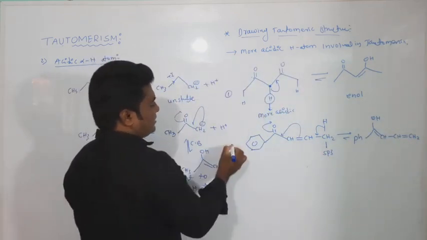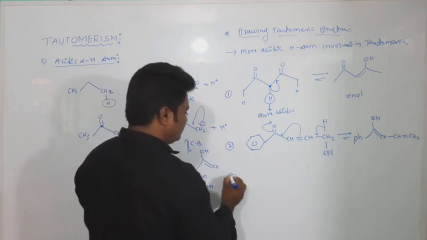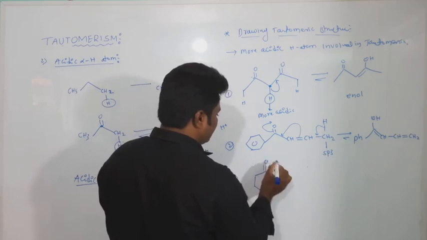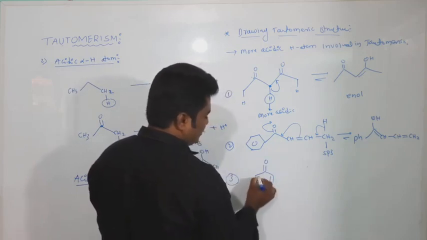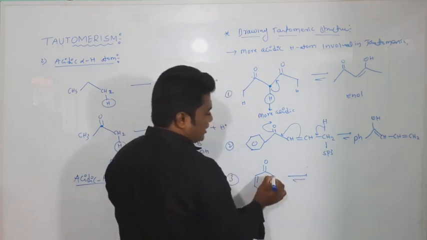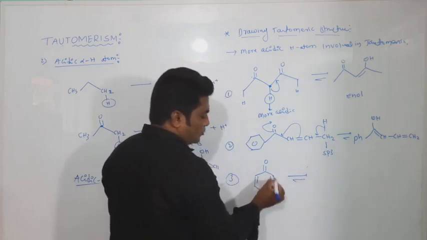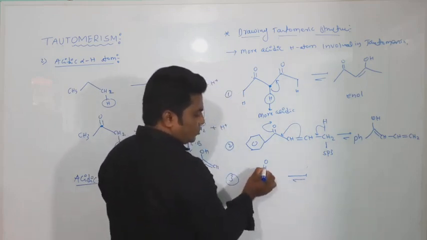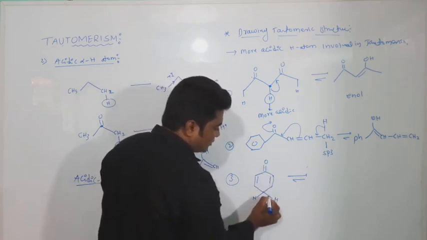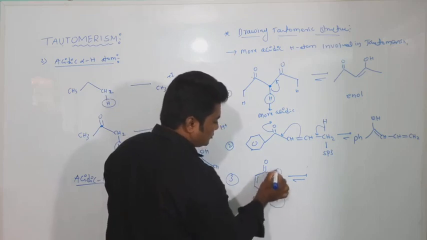For example, see here, one more. Now see this one. How do you write the tautomeric structure here? See this one. Is there any alpha hydrogen? See, adjacent to the electron withdrawing group, this is sp2. But see, this is in resonance with the carbonyl group. Now here we have 2 alpha hydrogen atoms. Here also tautomerism is possible.